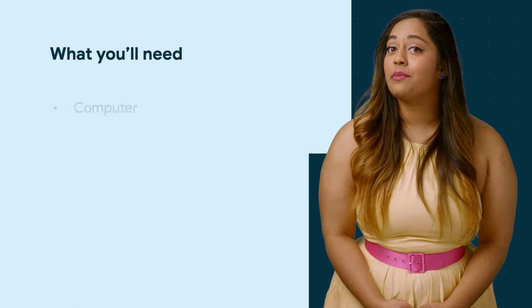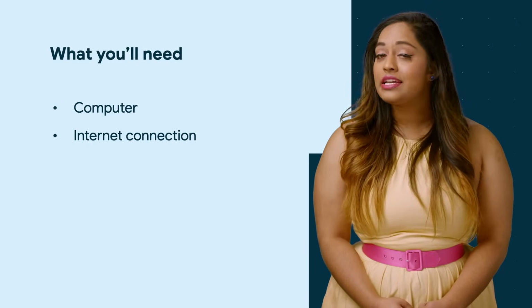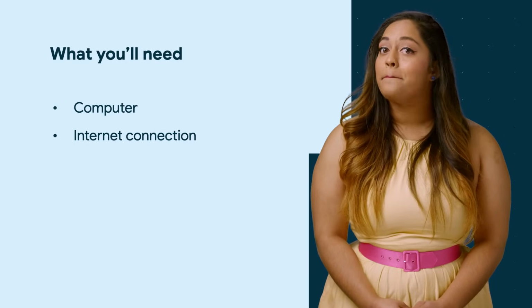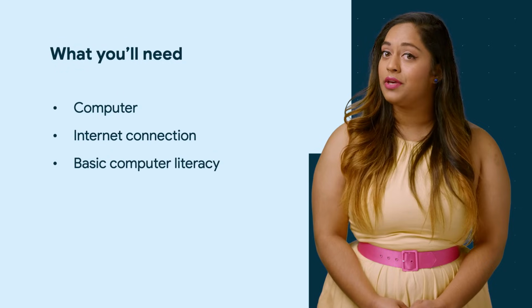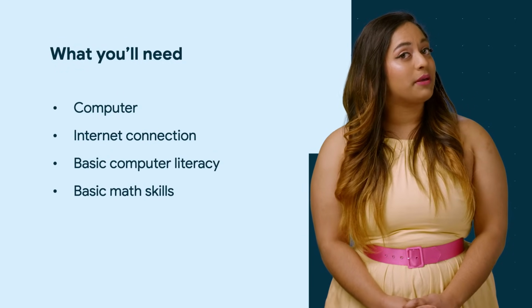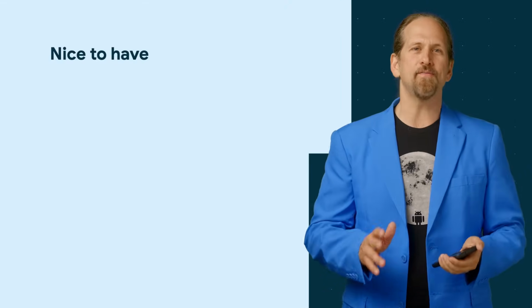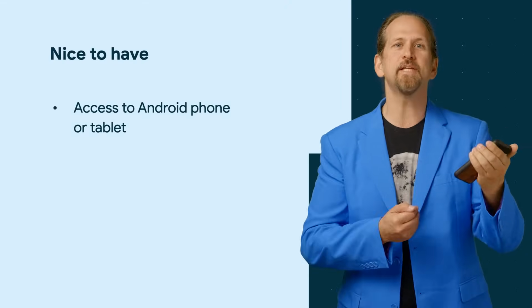We'll get into more details of learning Kotlin later, but first let's talk about what you need to start this course. To get started, you need a computer and an internet connection so you can download Android Studio. You don't need any prior programming experience, but we do require that you have basic computer and math skills. Knowing basic math is useful when you are programming because of the problem-solving skills involved. It's also helpful to have an Android device, phone or tablet, to test your app on.